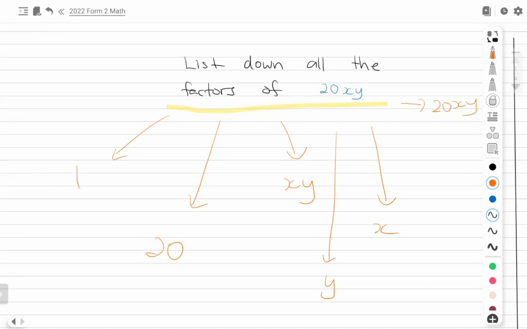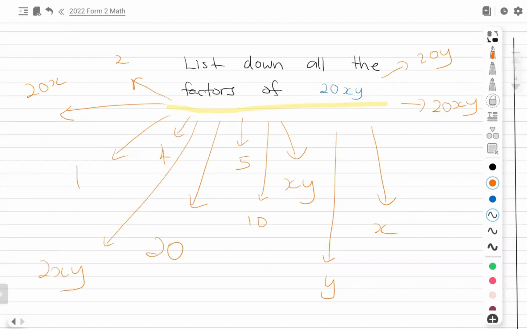Joe, you see which one? Not yet mentioned one. Okay, all the numbers mentioned just now, yes. 20x, okay. Still got. 20y, yes. 2xy, okay. 4xy, 5xy, the number 5 with xy, 10xy.